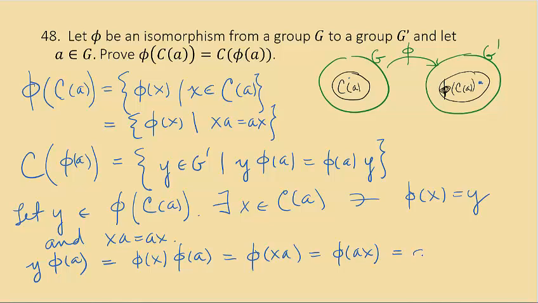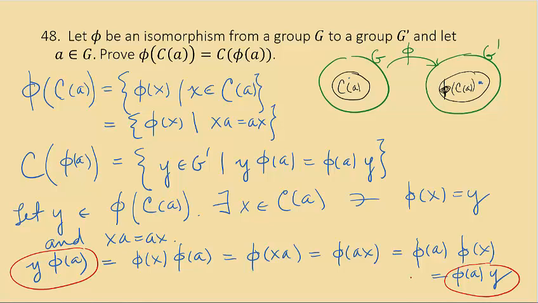And that is phi of A, phi of x. And phi of x was y. So it is phi of A, y. So we have shown here that y times phi of A is phi of A times y. So that means, therefore, y is in the centralizer of phi of A.